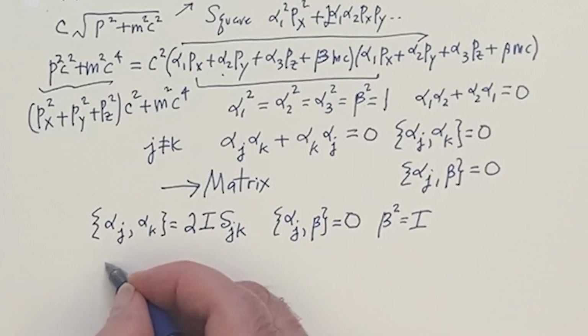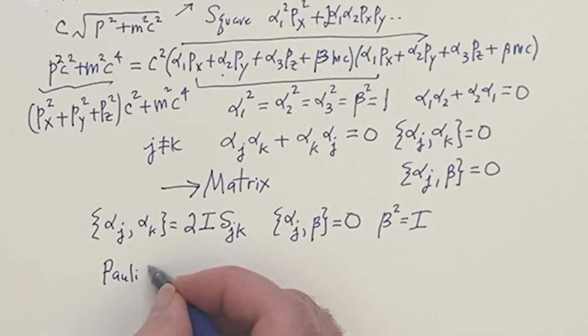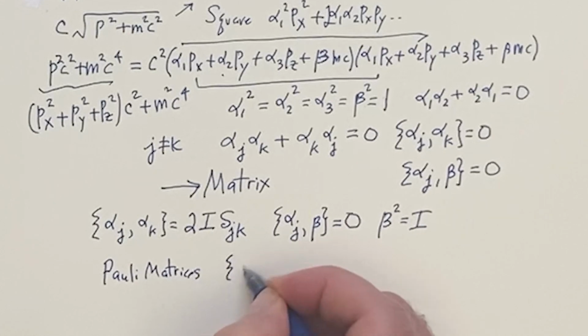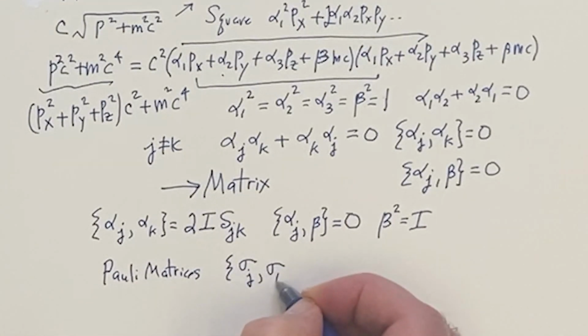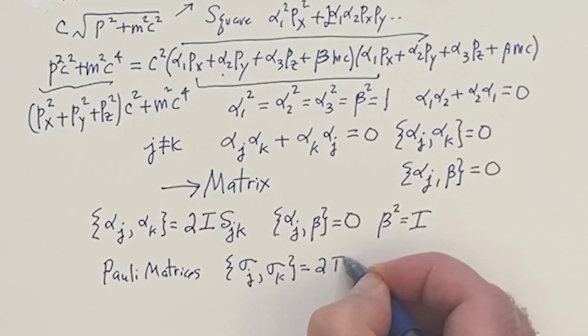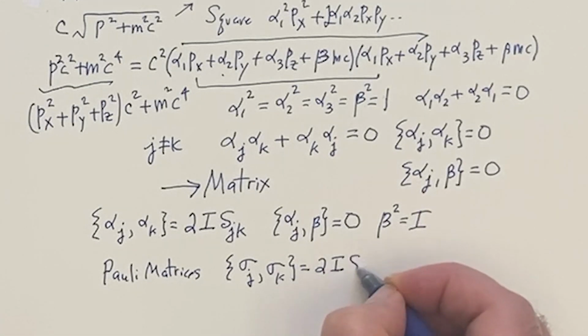But when we look at the Pauli matrices, we find that sigma j with sigma k anti-commutator is 2 times I delta jk.